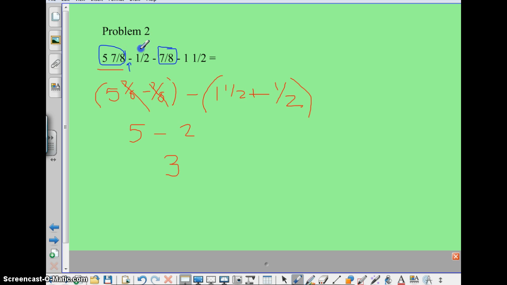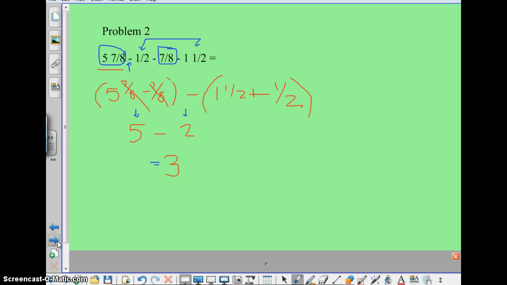Then I want to take the half and the 1 1/2 and add them together to subtract them from what I got after I subtracted the eighths. So once I got rid of the eighths, I was left with the whole number 5, and it just so happens this gives me a whole number 2, and then I can answer it easily with the 3. You're not always going to get so lucky and have just whole numbers, but this time you were.